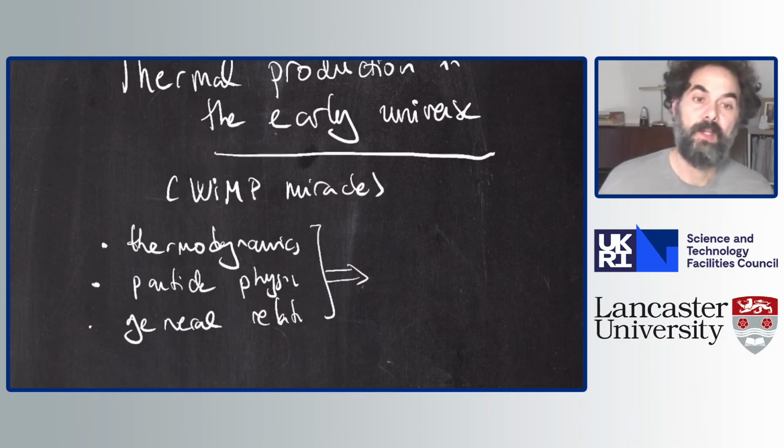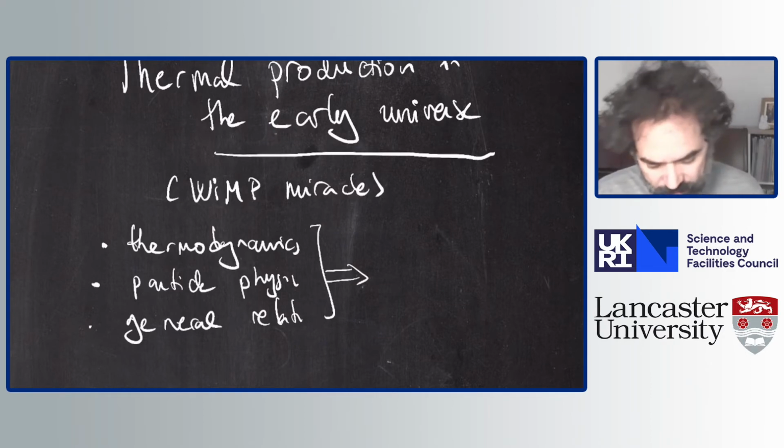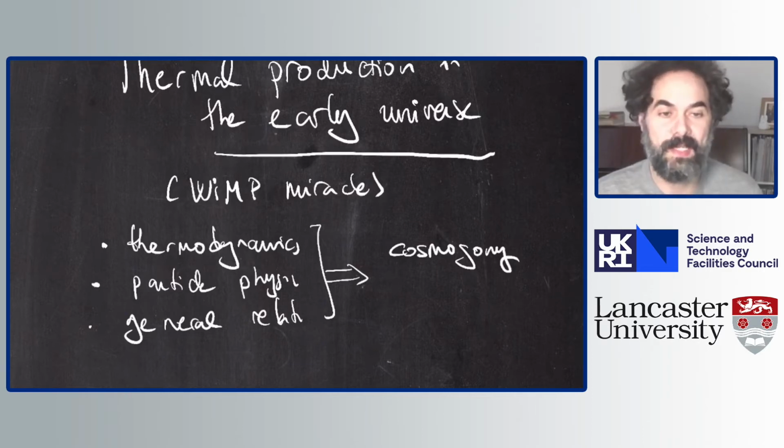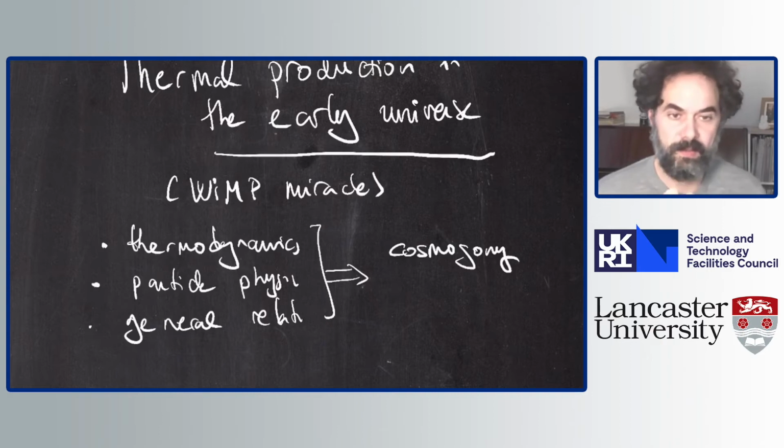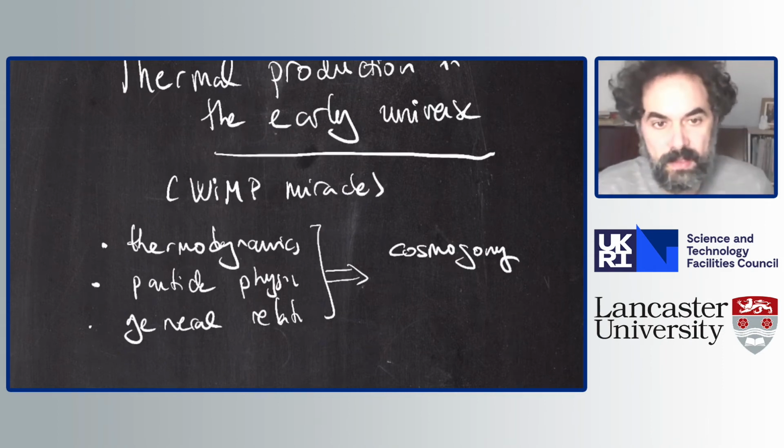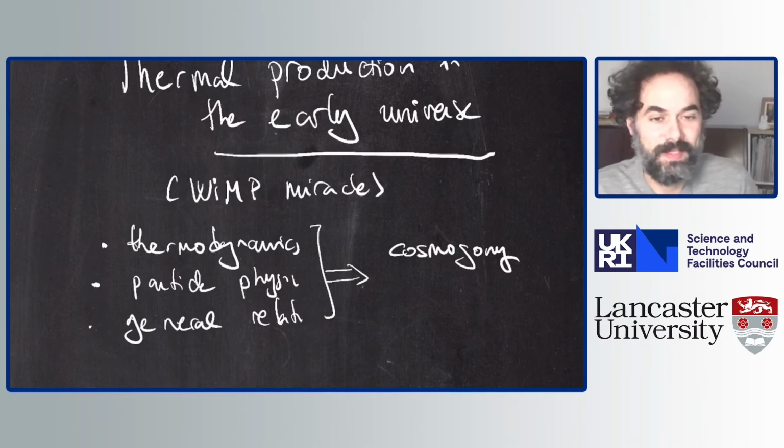Putting all this together, there is a way to understand how particles are generated. So there is a cosmogony telling us how particles are generated in the early universe, from certain rates and from certain expansion of the universe, from certain universe histories.